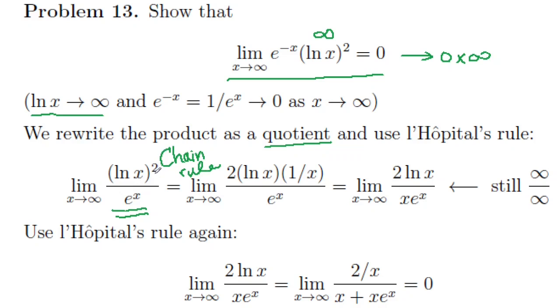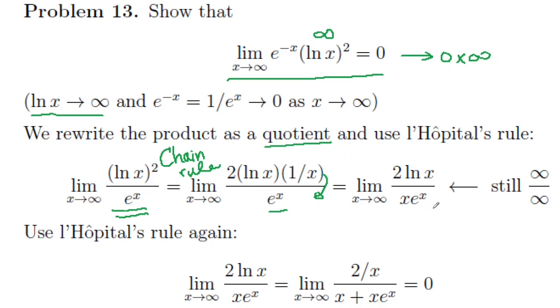We get the derivative is equal to 2 times the ln of x to the 1 times the derivative of ln of x, which is 1 over x. Derivative of e to the x in the denominator is itself, unchanged. Let's put that x down in the denominator and get this expression.